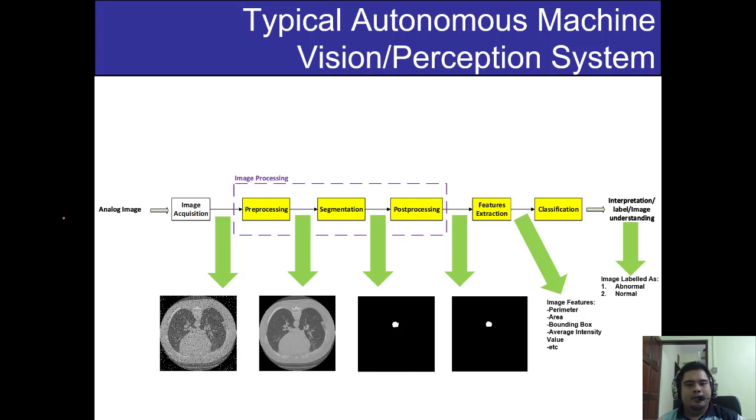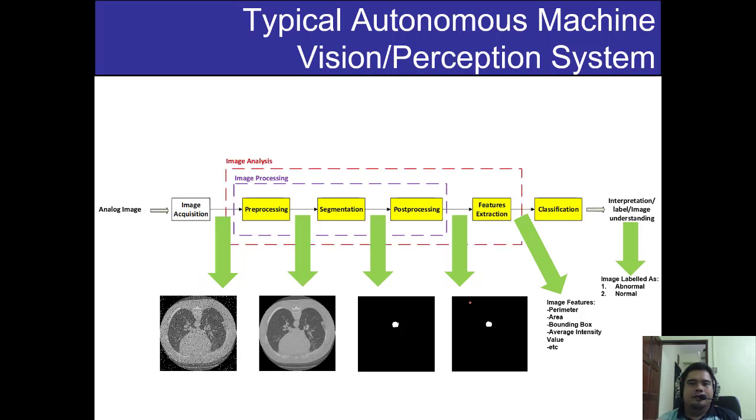Why do I say that? Because the input at this point is an image, and the output at this point is an image. So input image, output image, so it's image processing.